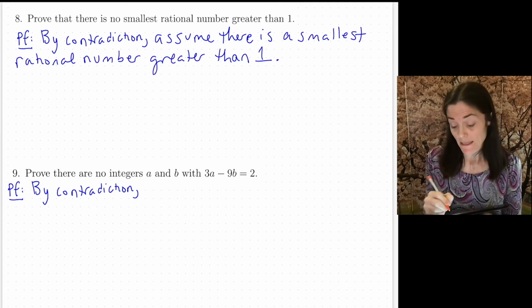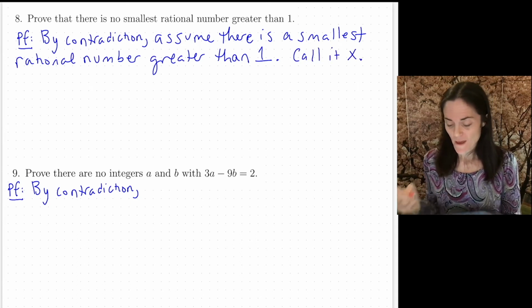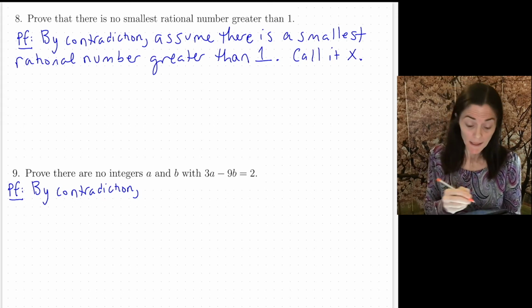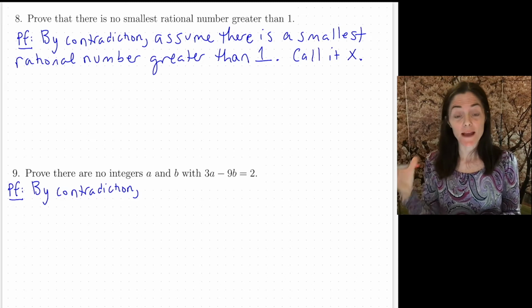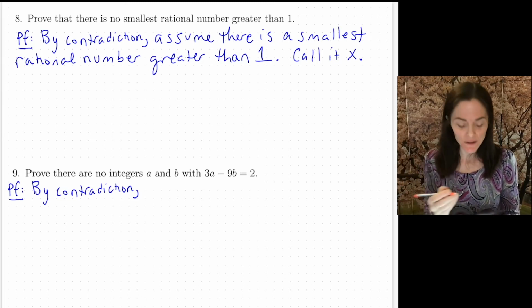And we can, let's say, call it x. Okay, so x is now the smallest rational number greater than 1. Now, x is a rational number. Moreover, x is positive because it is greater than 1.